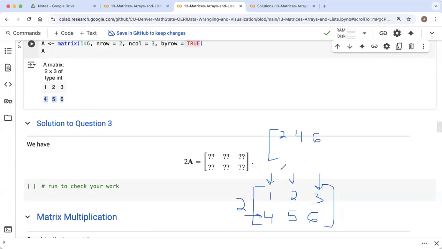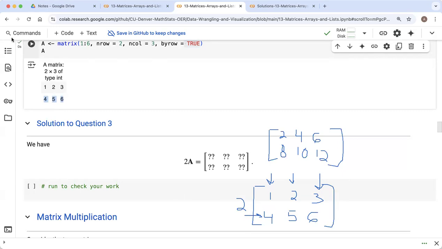I multiply 2 times 4 to give me 8. I multiply 2 times 5 to give me 10. And then 2 times 6 to give me 12. So this should be the result that I should expect. I get a matrix back that has the same size as the matrix I started with. Just every entry in that matrix is multiplied by 2.